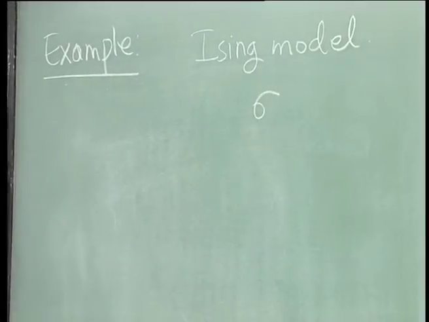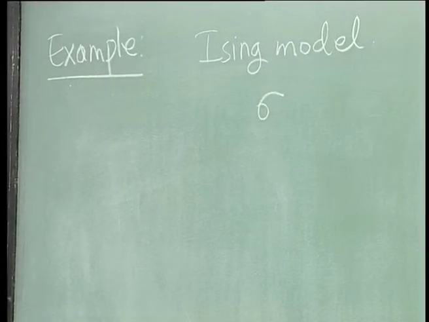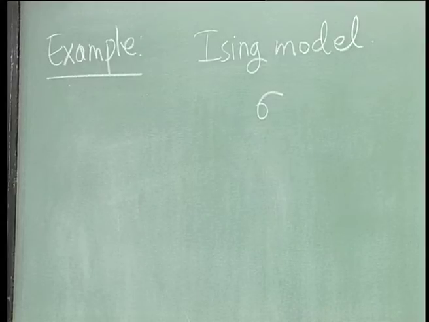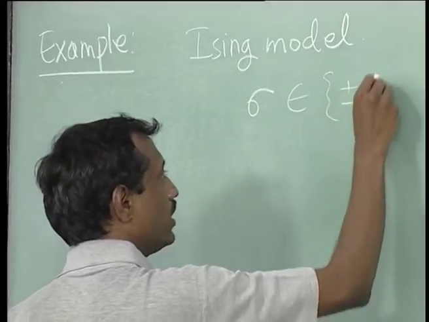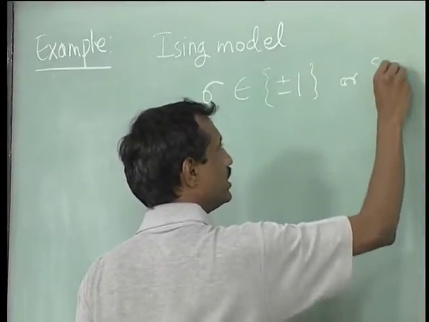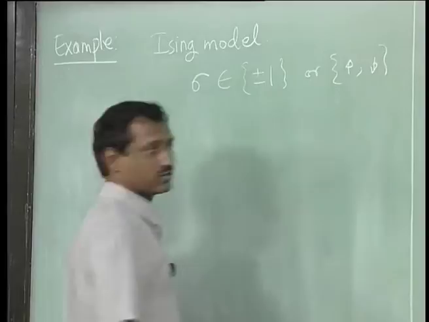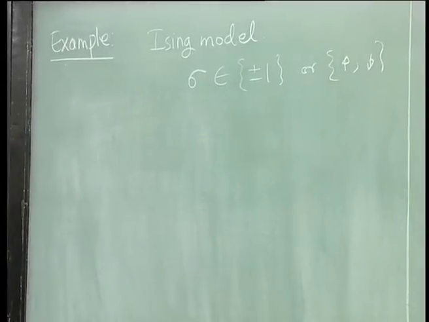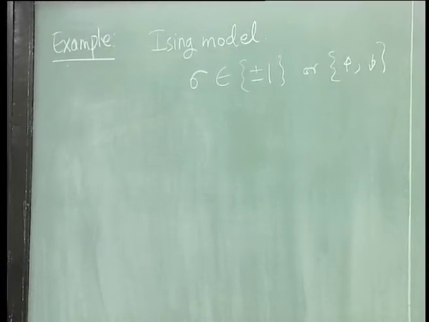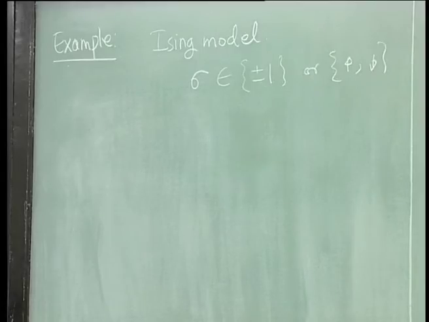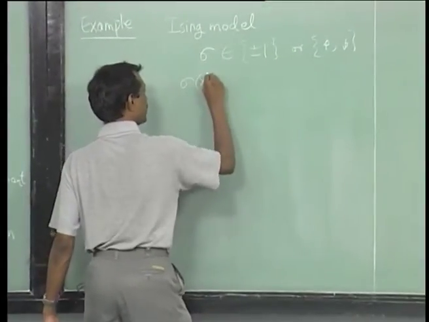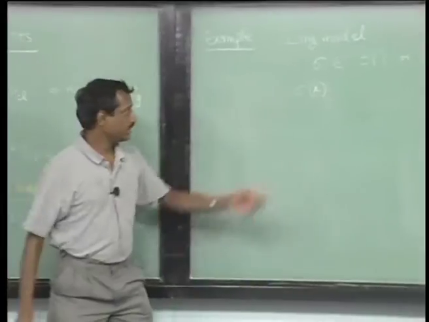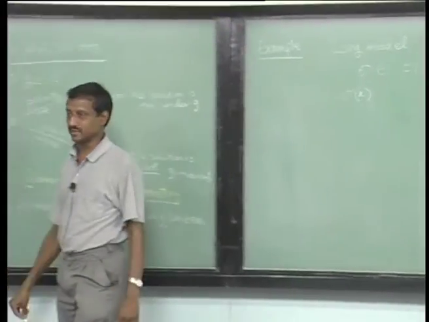In the Ising model, at every lattice site there is a spin which can take up or down values. So sigma takes values in plus or minus 1, or more pictorially it can take two values which we indicate by up or down. In a continuum description, if you have a spin field at every lattice site, you just replace it by a field which is Z2 valued and has some value at every point.